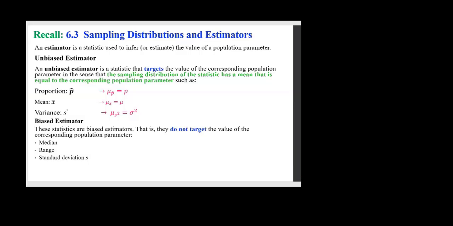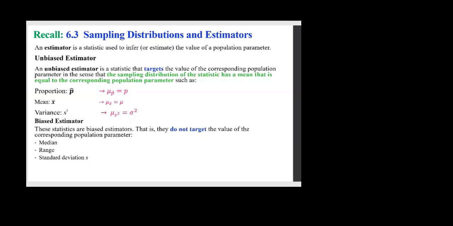That is the notation. There are others that are considered biased estimators because they do not target the value of the corresponding population parameter, such as median, range, and standard deviation. It is important to understand what it means when we say it doesn't target the value of the corresponding population parameter.